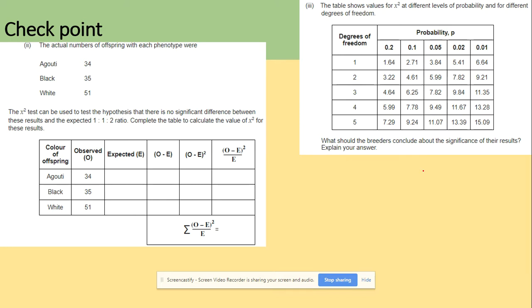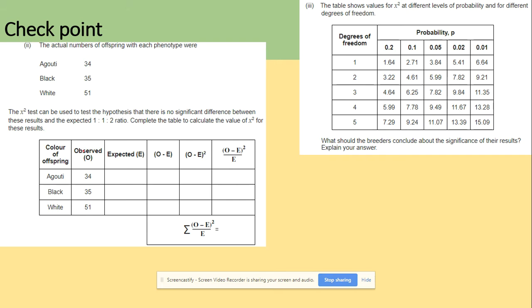Right, another question here. It's a skill to test if you can work out the chi-square test. So they were giving you the numbers of the different phenotypes, and what they want from you, they want you to work out the chi-square test.